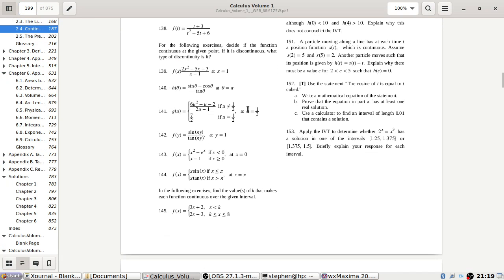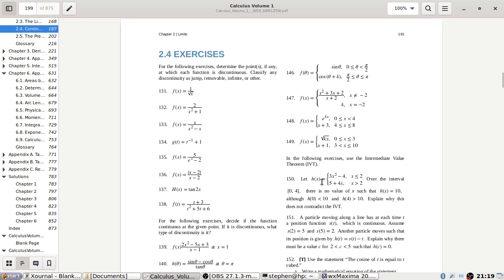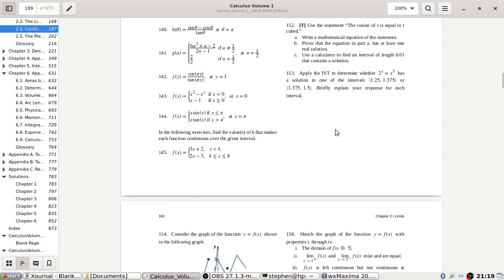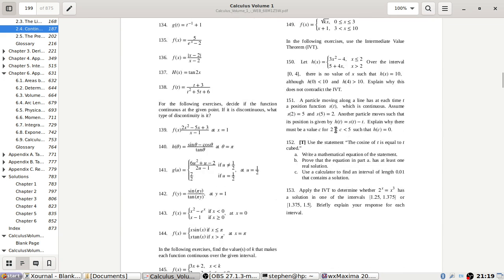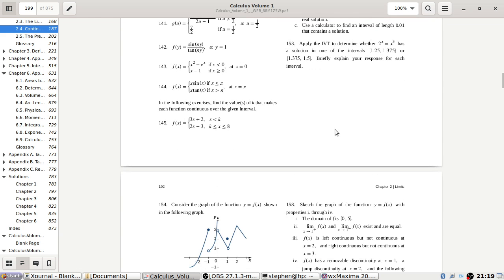What's coming up next then? Oh, this is interesting. In the following exercise, find the value of k that makes each function continuous over the given interval. So we have to find the k in each case that will make the function continuous over the given interval, but no interval is given.